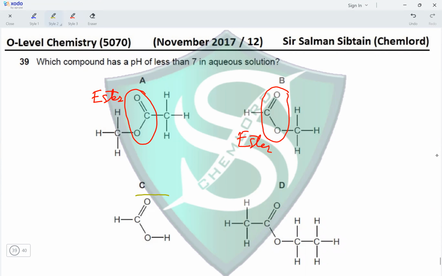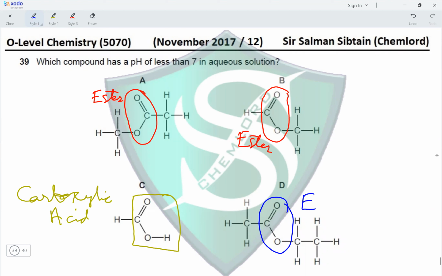C is a carboxylic acid. And D is once again an ester. Esters are neutral compounds. Therefore, option C is the correct option for this question.